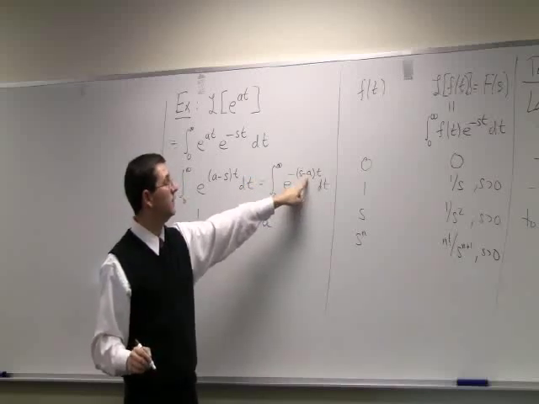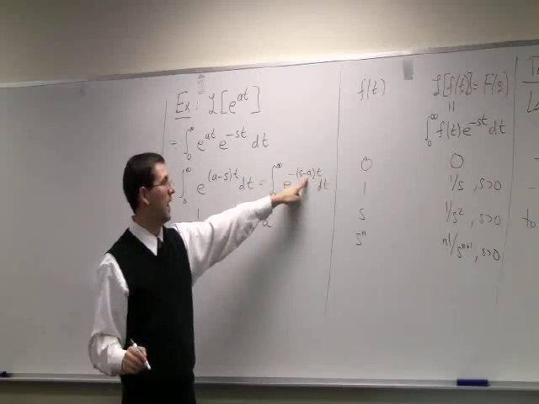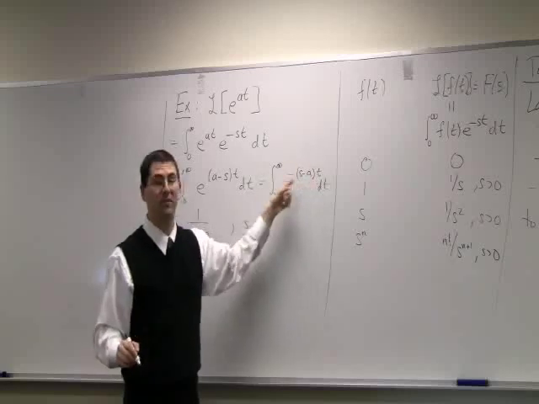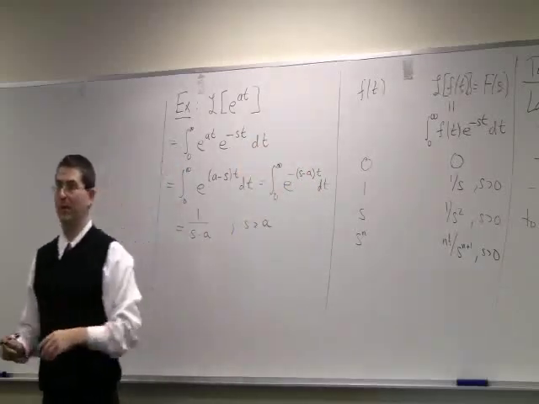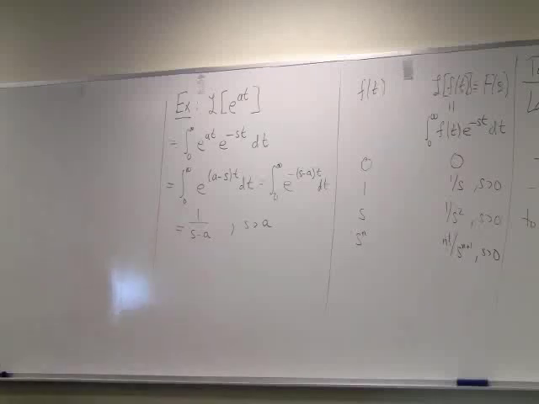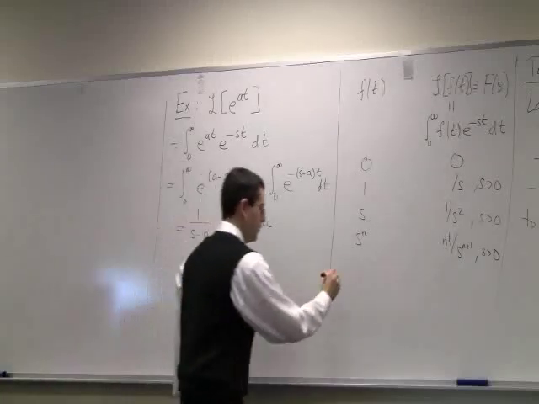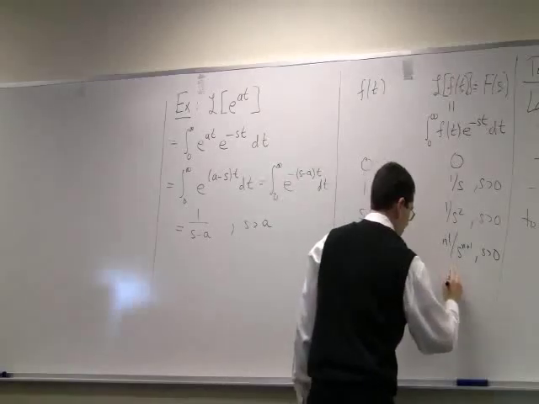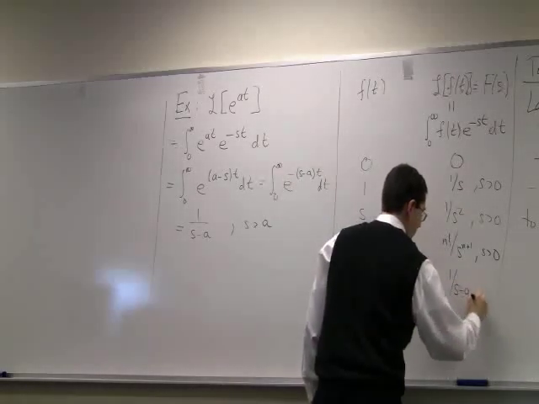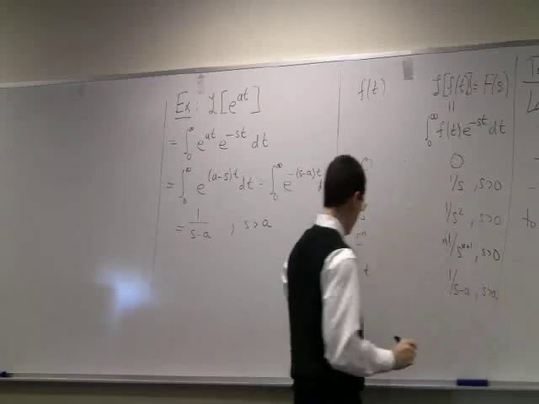If this is negative, then what's going to happen? Well, then you get e to a positive power, and of course, that's not going to converge when you go from 0 to infinity. Okay, so we get something new to add to our list. e to the at becomes 1 over s minus a, where s is greater than a.